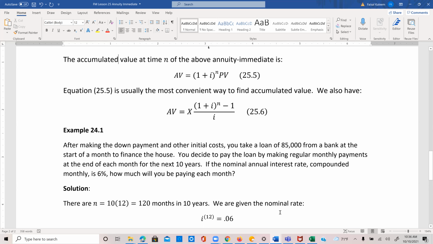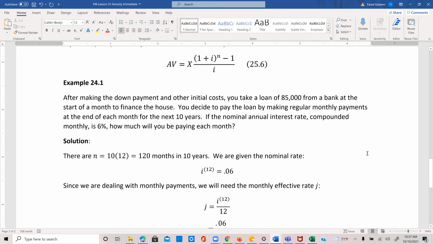And we're given the nominal rate, i superscript 12 equals 0.06, and we would need the monthly effective rate. So this rate i should correspond to this period n. If n is the number of months, then i should be the monthly effective rate. If n is years, then i should be the annual effective rate.